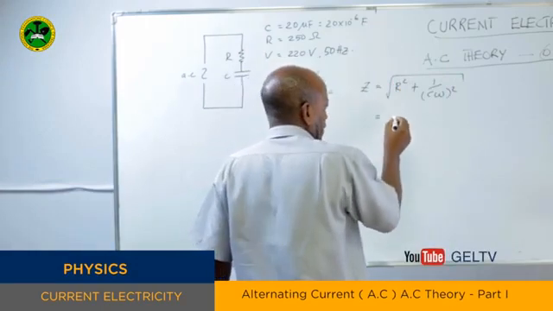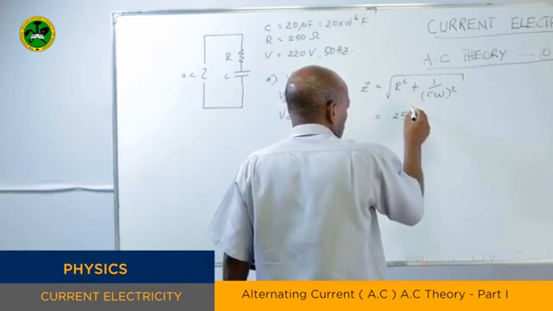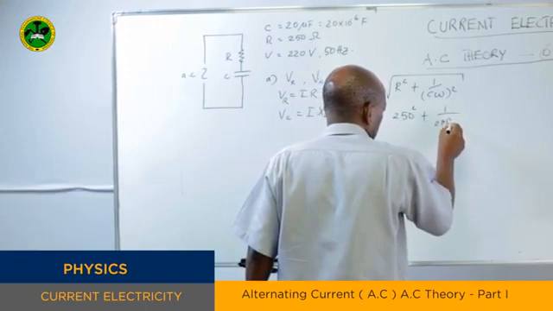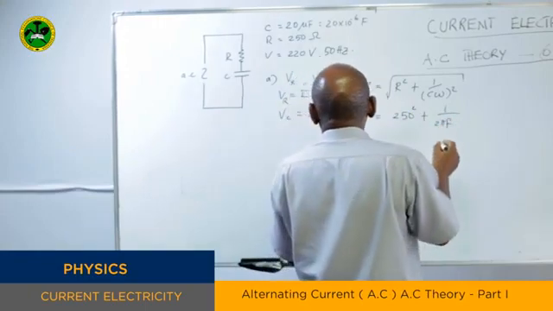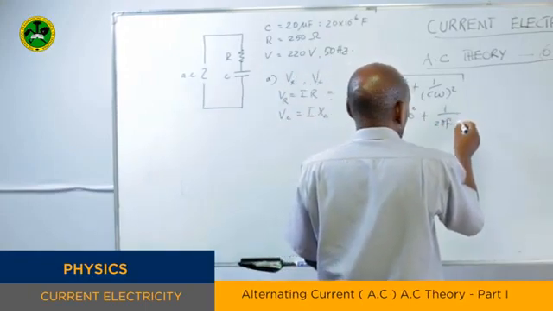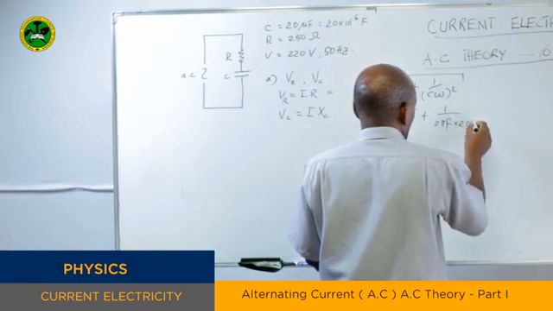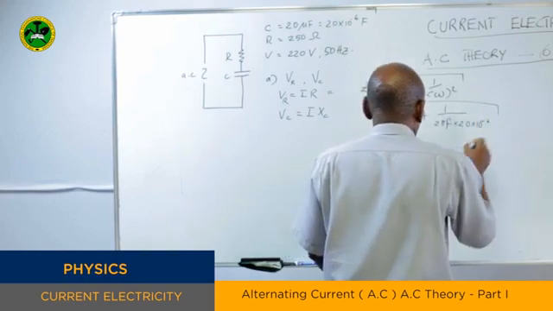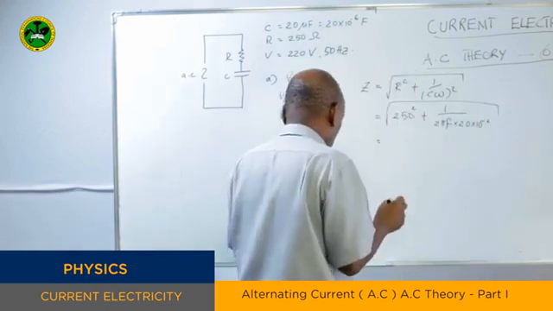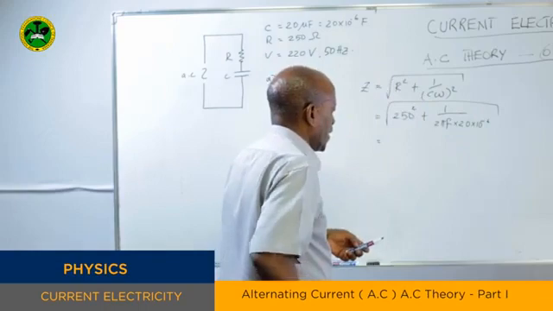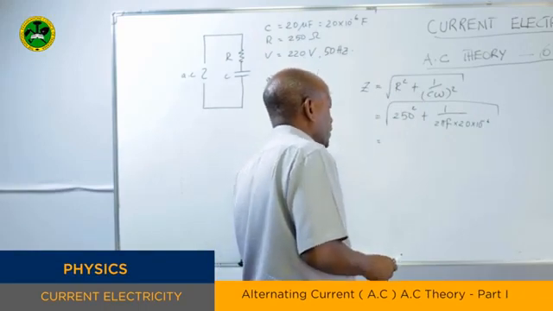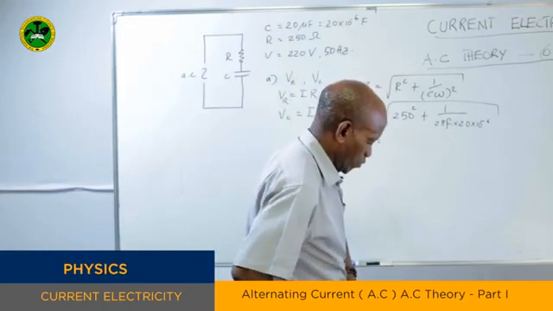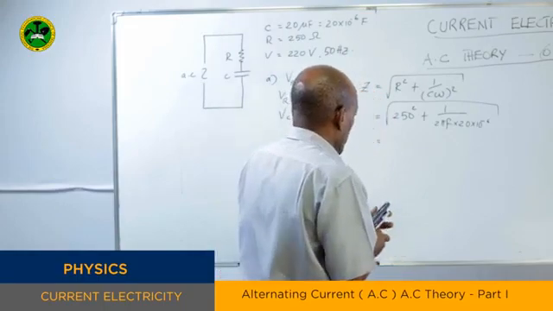The value for the resistance is 250, we square it, and omega C is 2 pi f times C. C is 20 microfarad, that is 20 times 10 power minus 6, and we take the square root of that to obtain the total impedance. We can obtain this by computing very quickly.